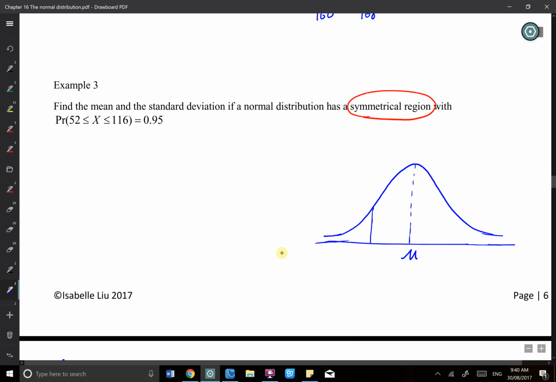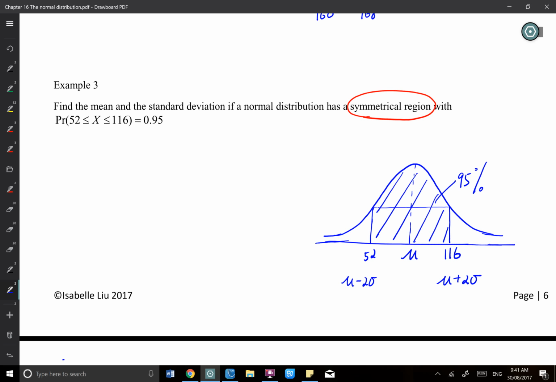So if we have 52 here, and then the symmetrical part is the same height, and that's 116, that's 95%. If it's 95%, you know that's mu subtract 2 standard deviation, and mu plus 2 standard deviation because 95 is a magic number, and we want to find the middle first.